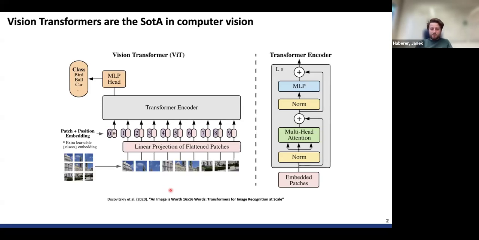As I hope most of you are familiar with, vision transformers are currently the state of the art in computer vision. They are still clashing with CNNs and similar architectures, but I looked at the current leaderboards, and right now the transformer architectures are still sitting at the very top, getting the best accuracy on datasets like ImageNet.